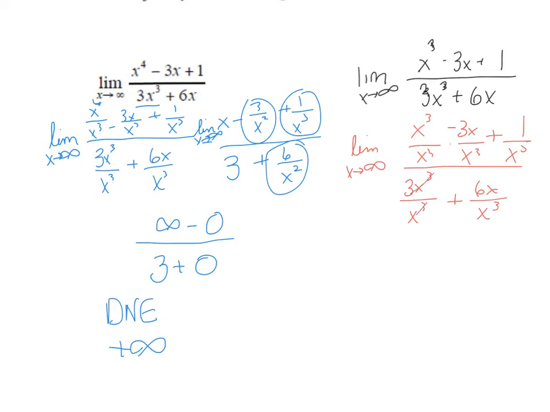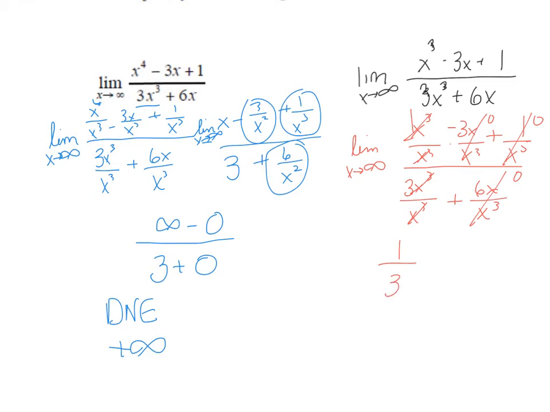So this cancels and becomes 1. And then everything that has x in the denominator would be 1 over infinity, so you have the big-little principle. So this is going to go to 0, this is going to go to 0, this is going to go to 0. And so I'm left with 1 over 3, and that would be the limit.